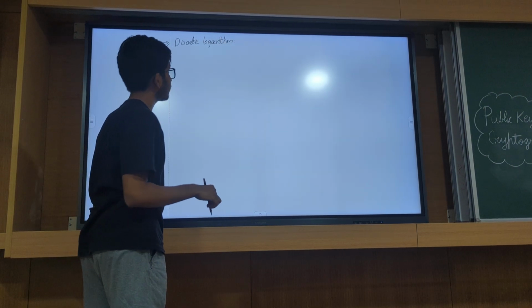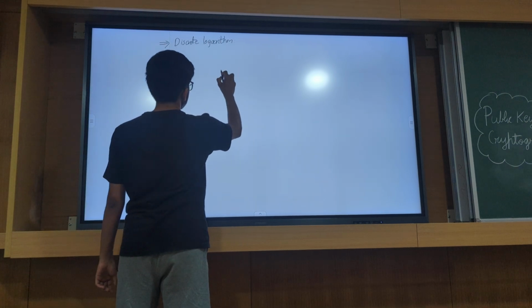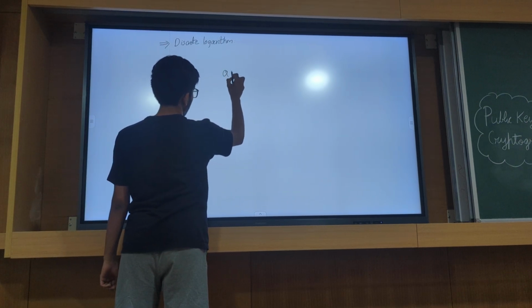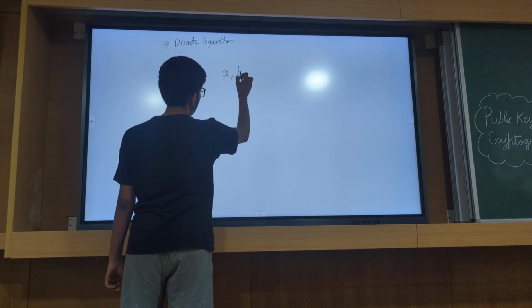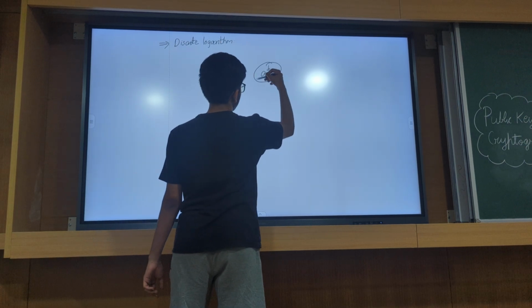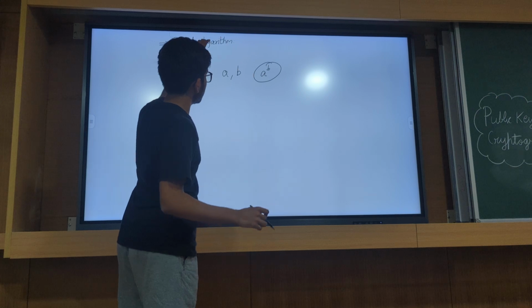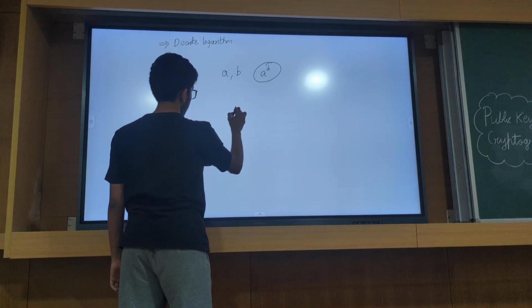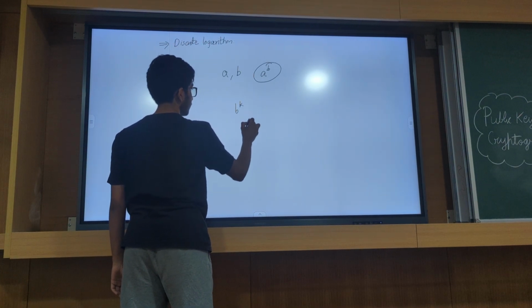So what is discrete logarithm? Exponentiation means, let's say I give you two numbers a, b and I ask you to find a to the power b. This is exponentiation, right? So discrete logarithm is kind of the opposite. Let's say I give you the value of b to the power k.